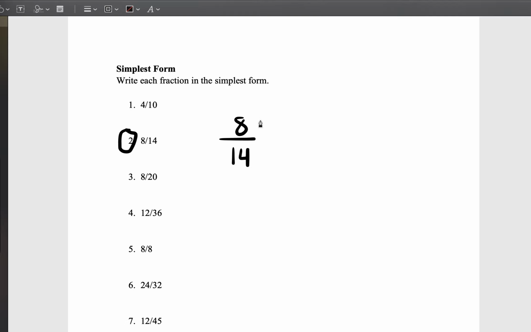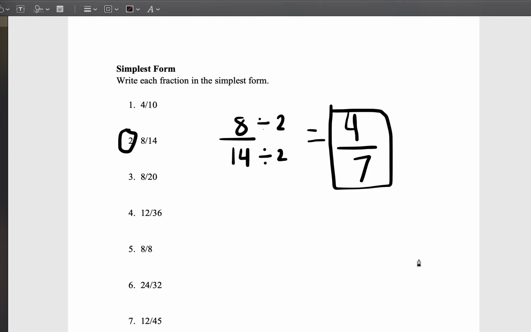So 8 divided by 2 and 14 divided by 2 equals 4 over 7. And I think that's the final answer because you can't simplify this any further.